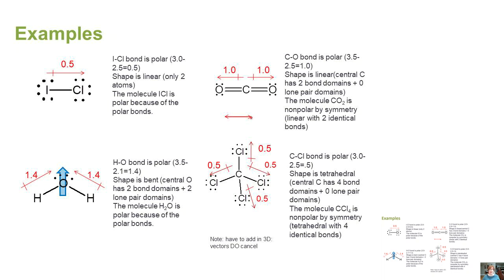It could have been a canceling dipole, except it's not linear. It's bent, and that bent shape means that they can't quite cancel each other out. And then I have carbon tetrachloride. That is nonpolar by symmetry. So I have 2 nonpolar by symmetry, 1 polar because there's nothing to cancel out, and another polar. So the 2 on the left are polar, and the 2 on the right are nonpolar, even though they have polar bonds.